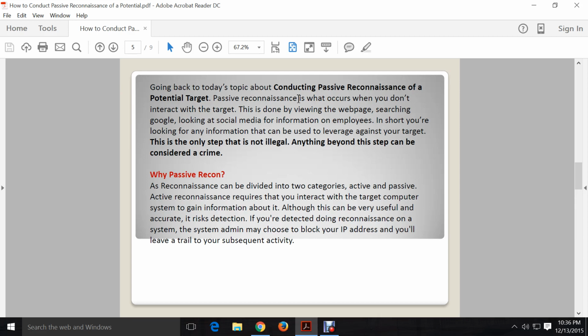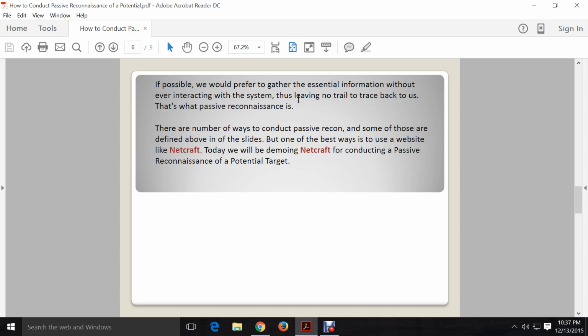If you are detected doing recon on a system, the system admin may choose to block your IP address, and you leave a trail to your subsequent activity. If possible, we would prefer to gather the essential information without ever interacting with the system, thus leaving no trail to track back to us. That's what passive recon is.